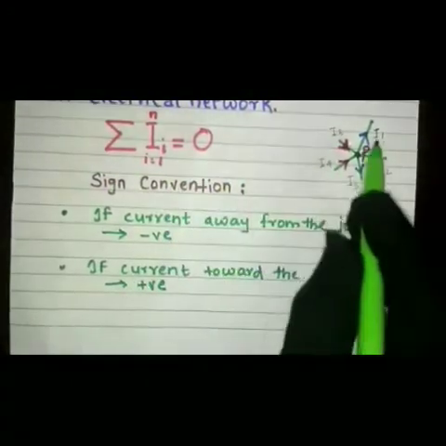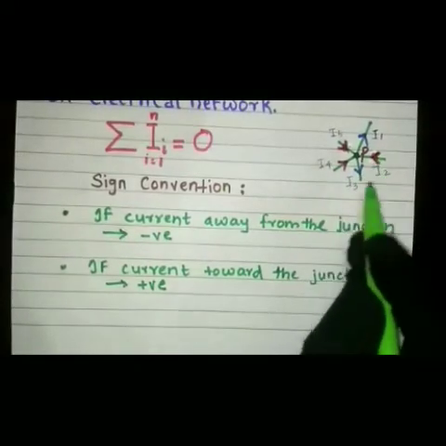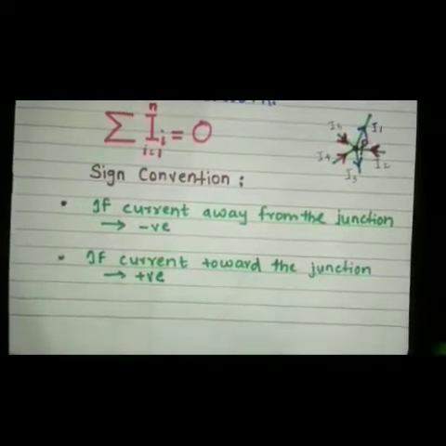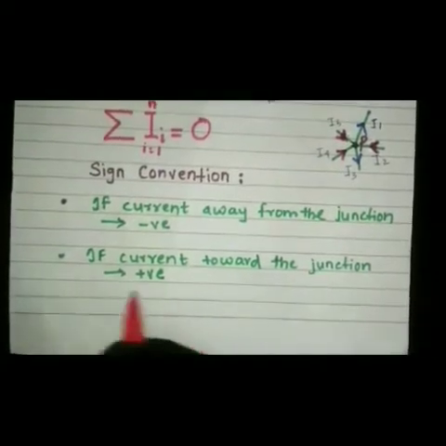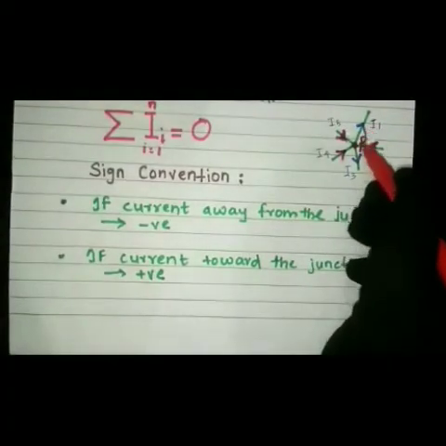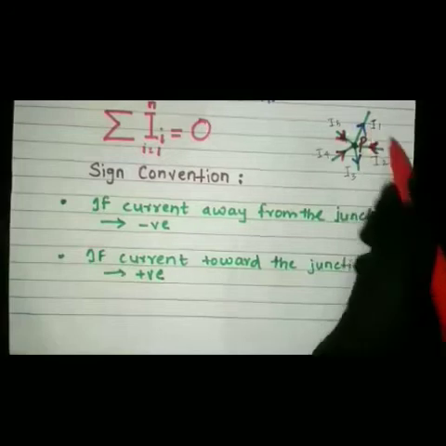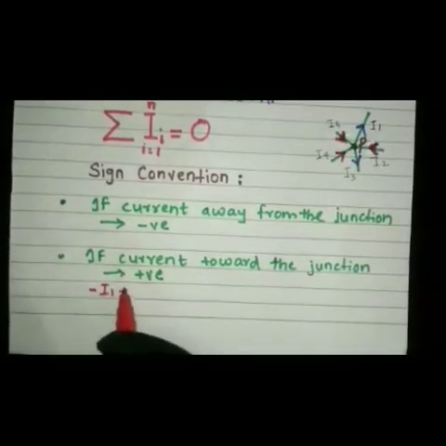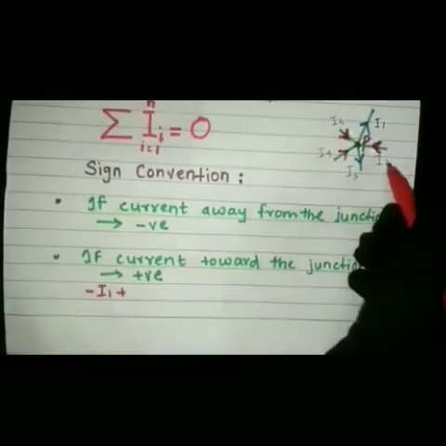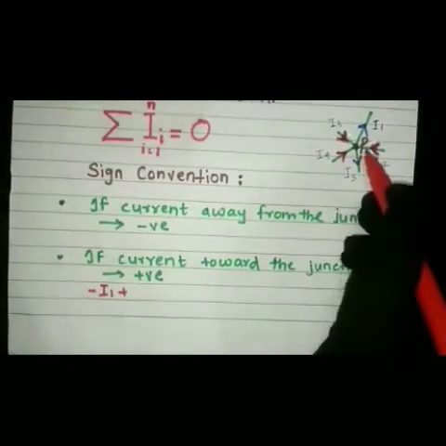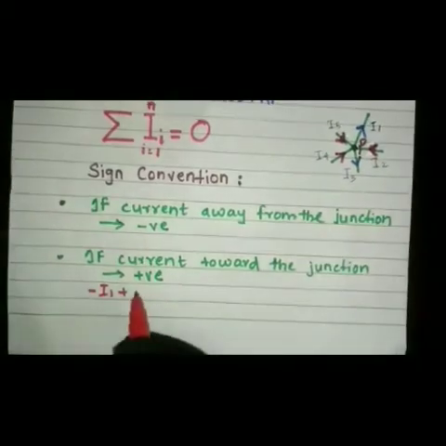Now you have 5 currents, that is I1, I2, I3, I4 and I5. Let's apply Kirchhoff's law here. According to Kirchhoff's law, see the direction of current: I1 is away from the junction, or leaving the junction, so it will be negative. Plus observe I2, it is towards the junction, arriving at the junction, so it will be positive.